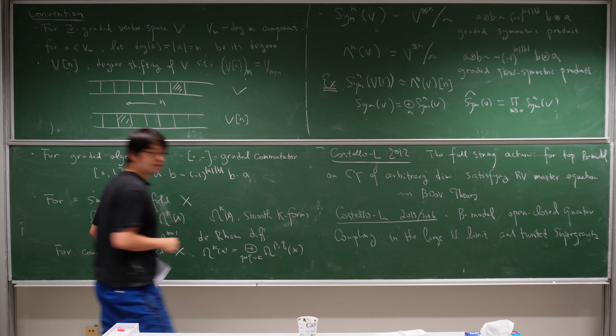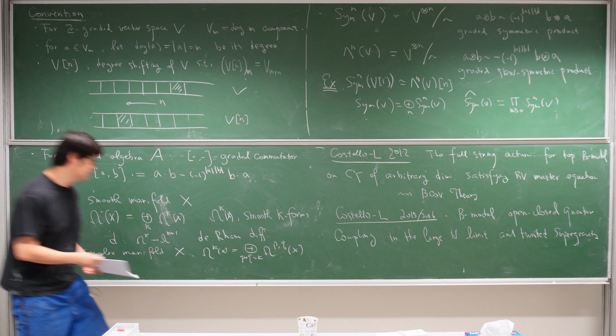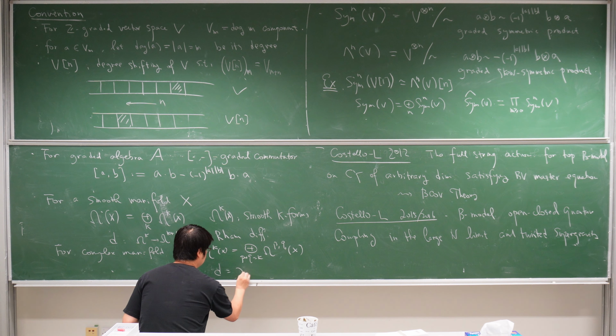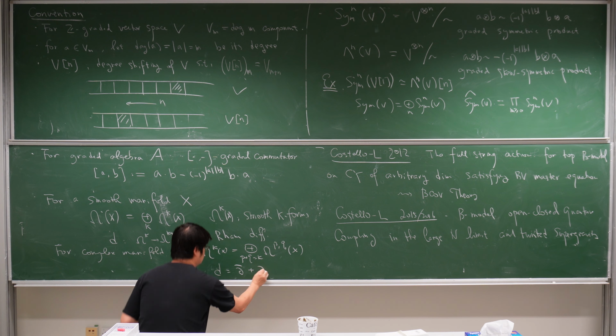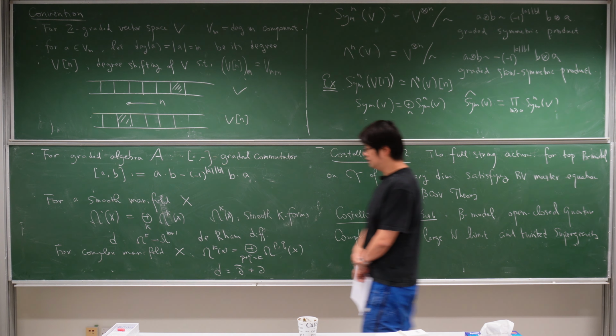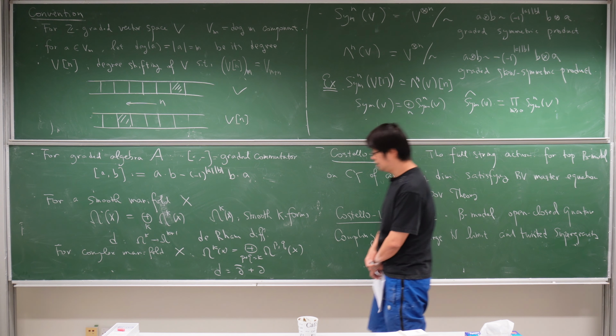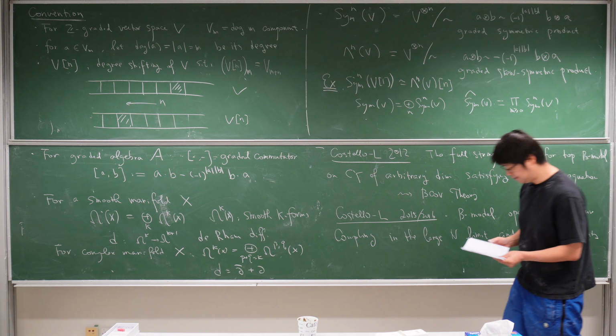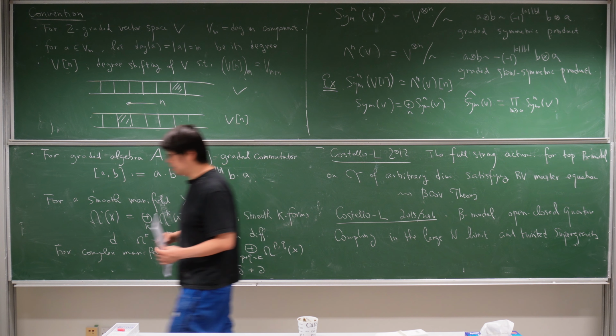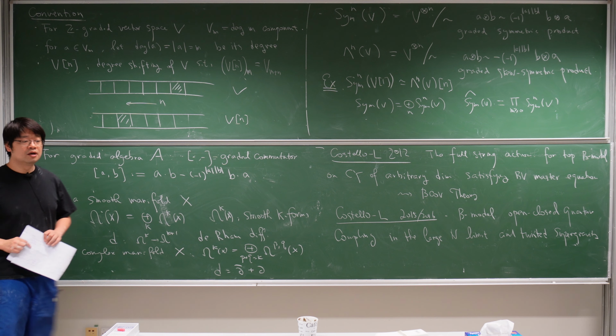And my de Rham differential will also be decomposed into two types. One of them is called d-bar, which increases the anti-holomorphic index by 1. The other one is the holomorphic de Rham differential, which increases the holomorphic degree by 1. Okay, that's going to be the notation I'm going to fix along the whole course.